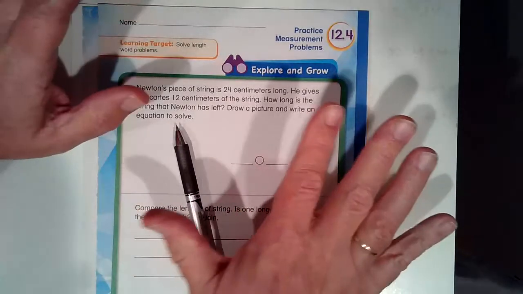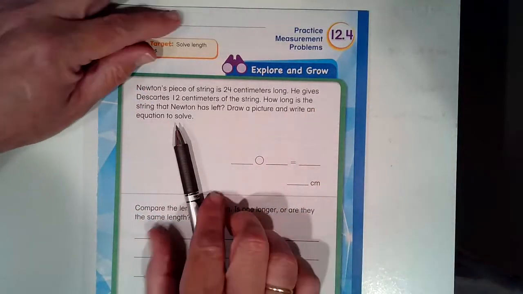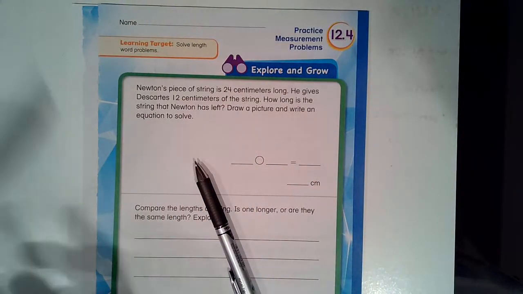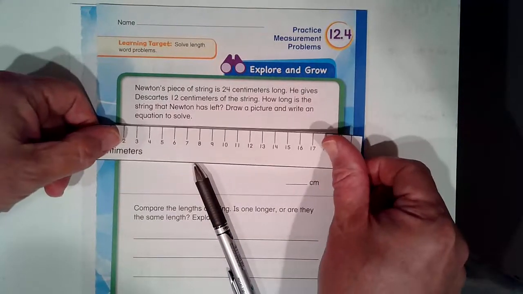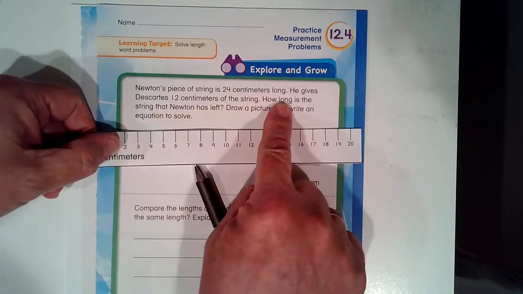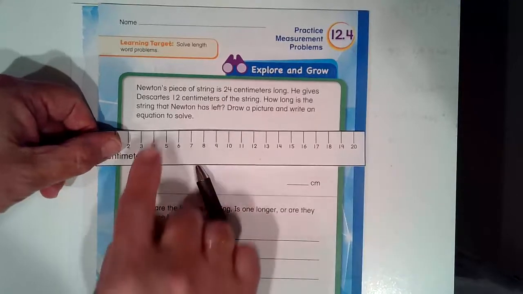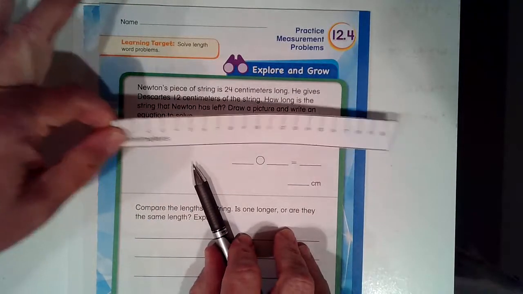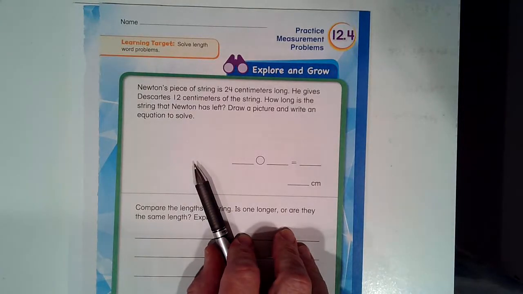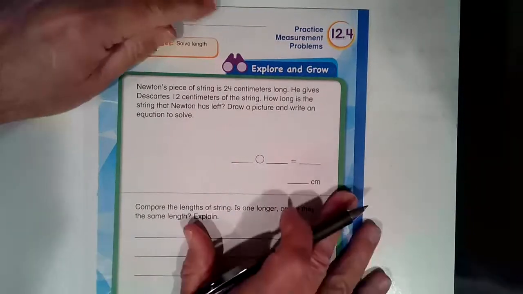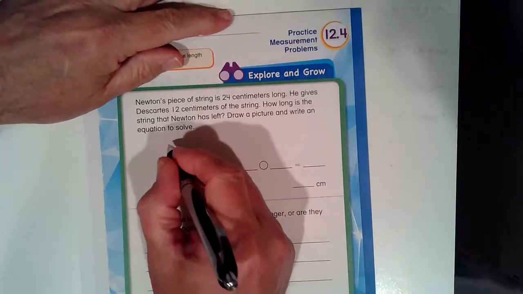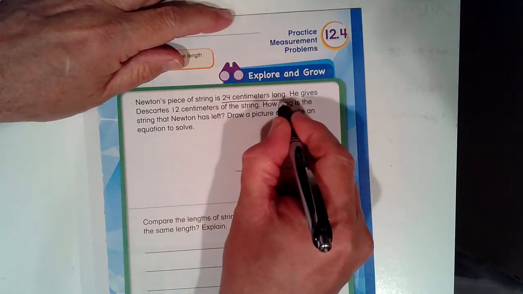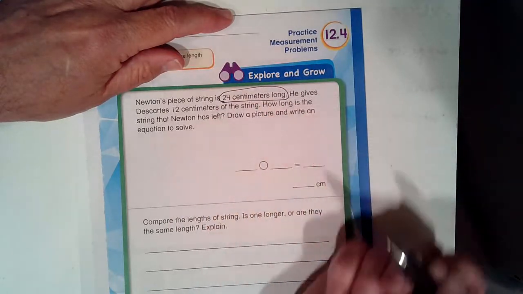Now, here is something that you need to know, boys and girls. You don't need to have your ruler to do this. Okay? We can draw pictures that aren't the real measurements. All right, so I'm going to put this away because I can just draw my line and say Newton's string is 24 centimeters long.